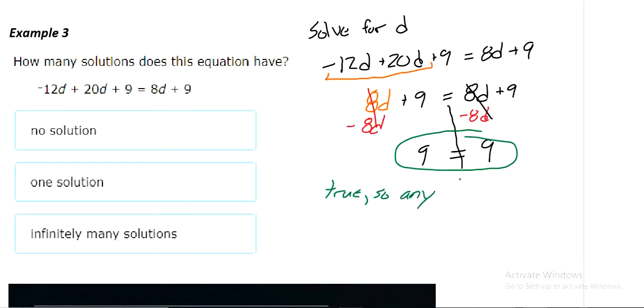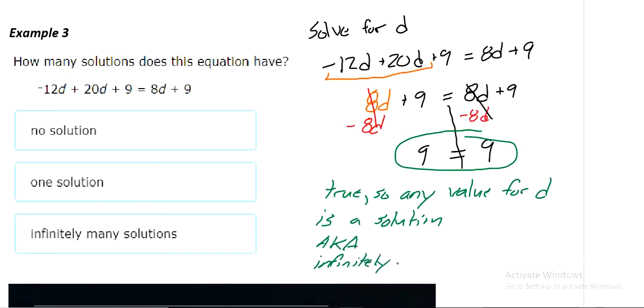So any value for d is a solution, aka infinitely many solutions. That means every number you could think of would work.